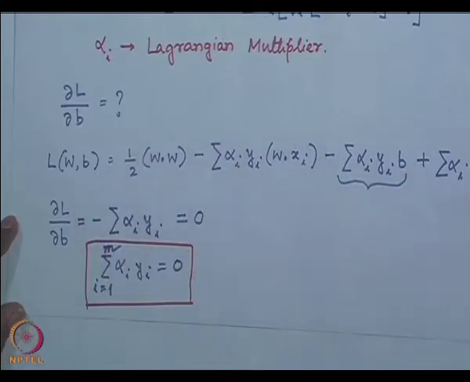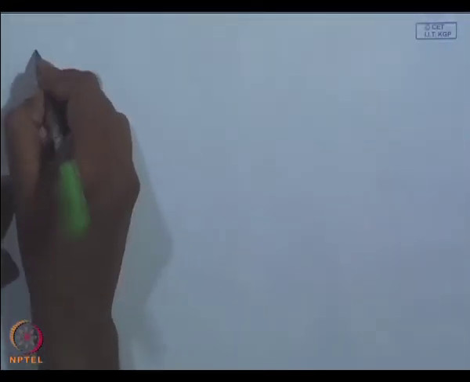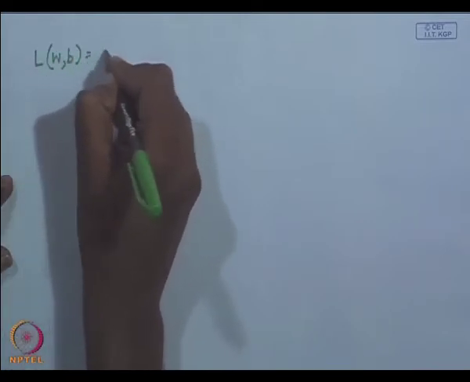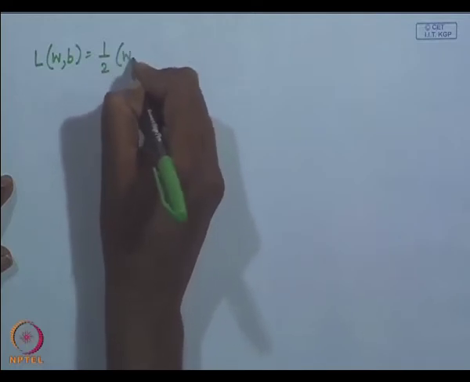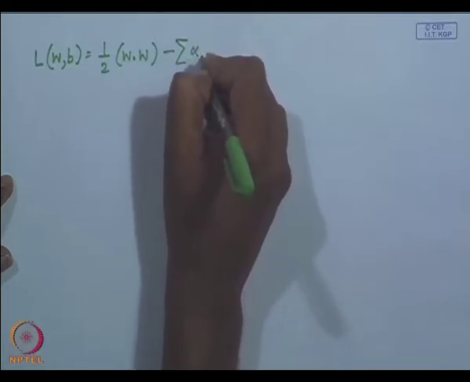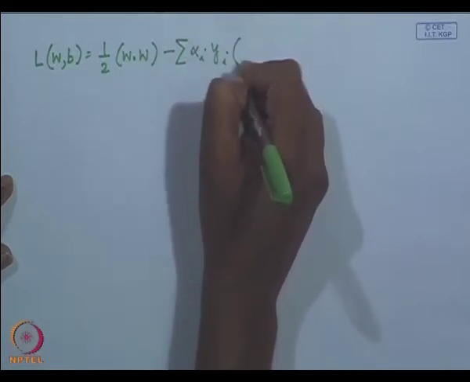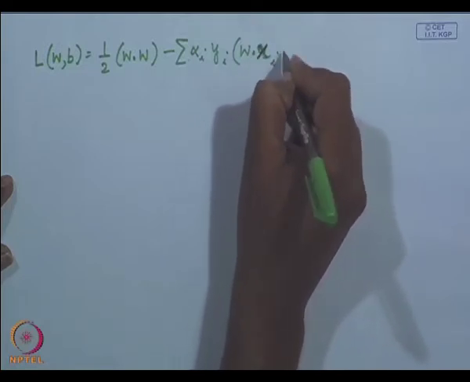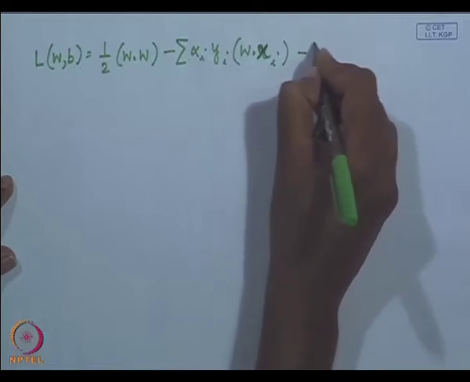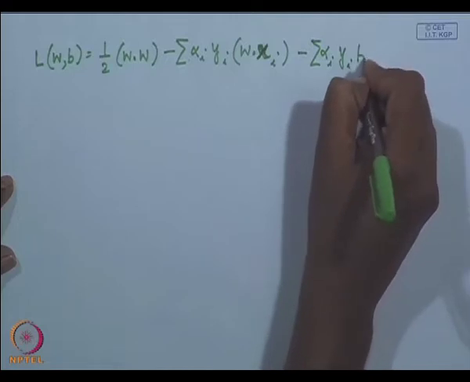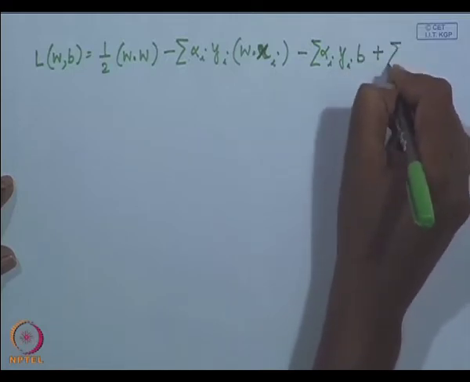L(w, b) is equal to half of w transpose dot w minus sum of alpha_i y_i w dot x_i minus sum of alpha_i y_i b plus sum of alpha_i.